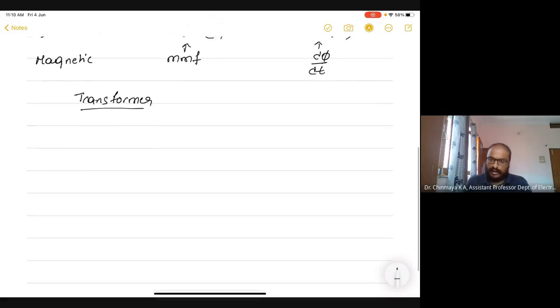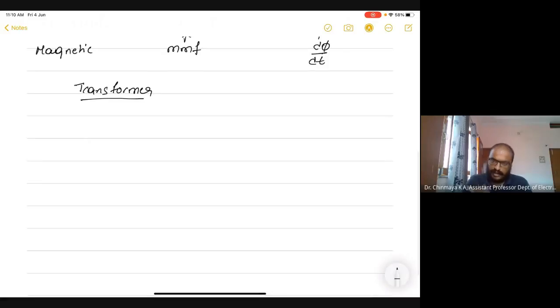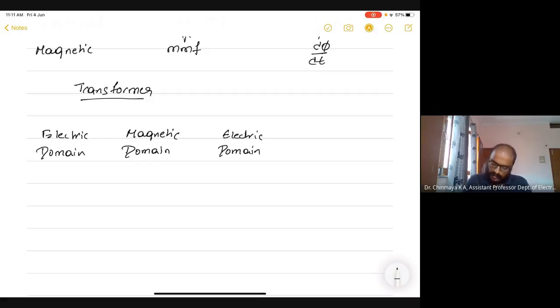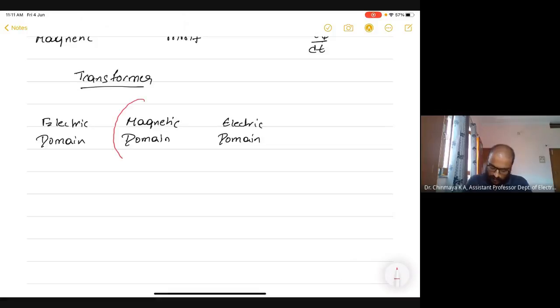What is a transformer? A transformer is a device which converts energy from the electrical domain into the magnetic domain. In the primary of the transformer, we have the electric domain.